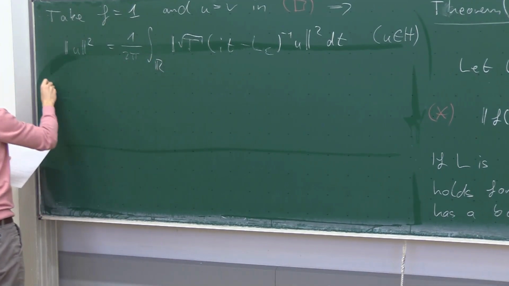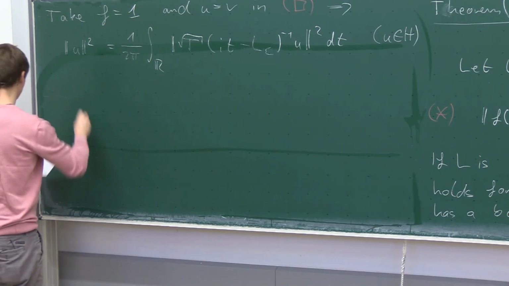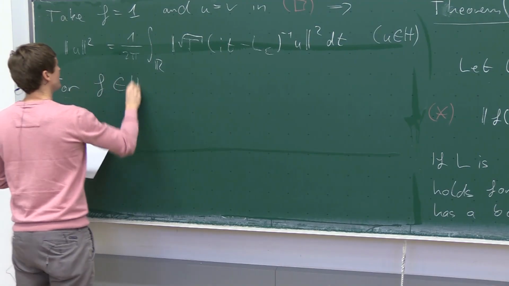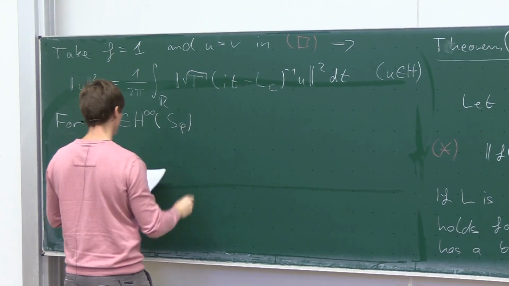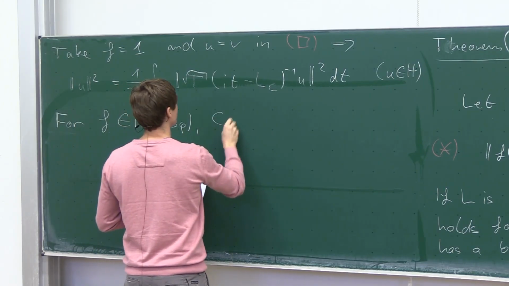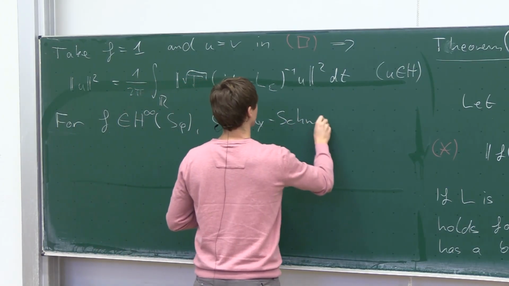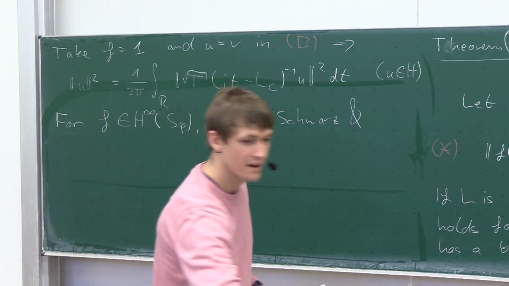And now we can conclude the von Neumann inequality for the operator L epsilon, namely, if f is now an H infinity function on S phi, then we can use the Cauchy-Schwarz inequality as well as our identity square.